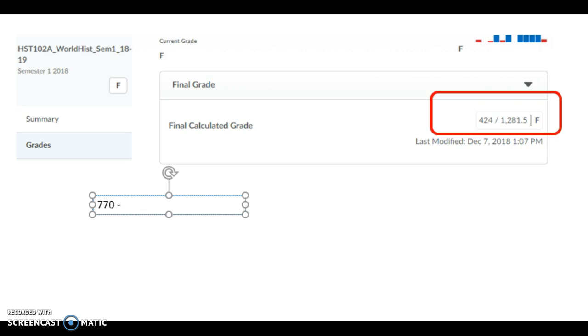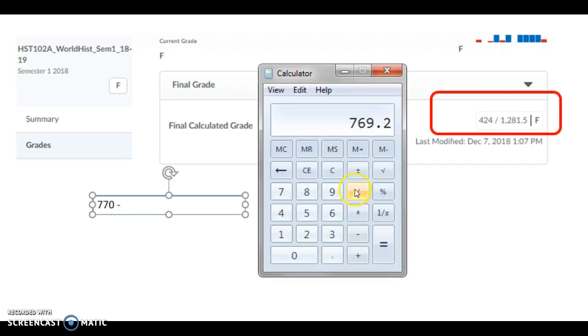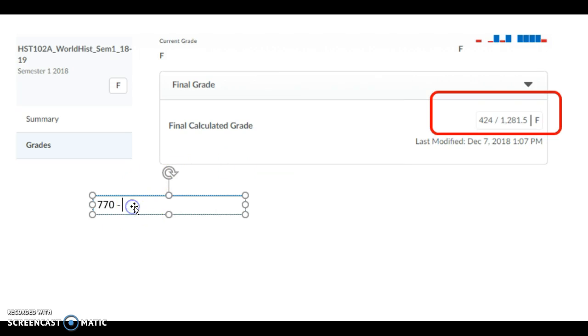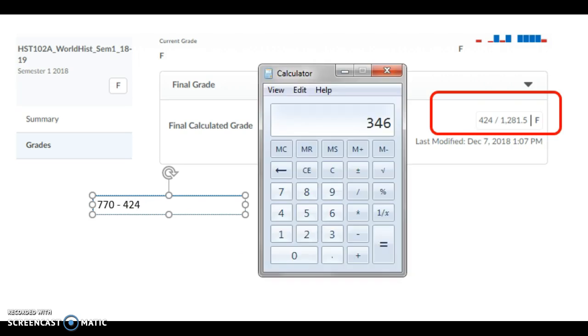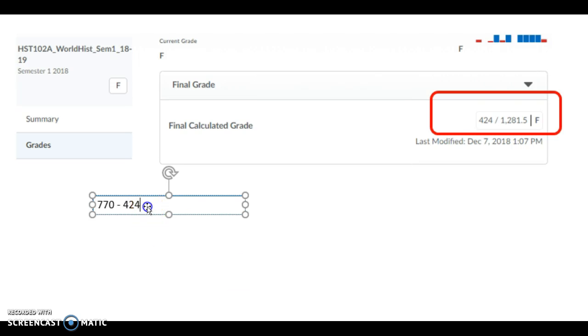So 770, and this person already has 424 points. Let's figure out how many points are still needed to pass. So 770, take away 424, gives this person 346 points needed.